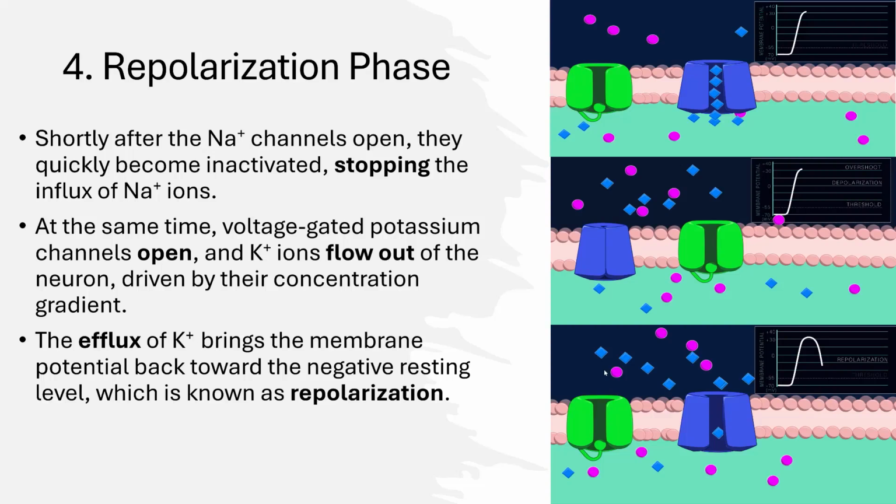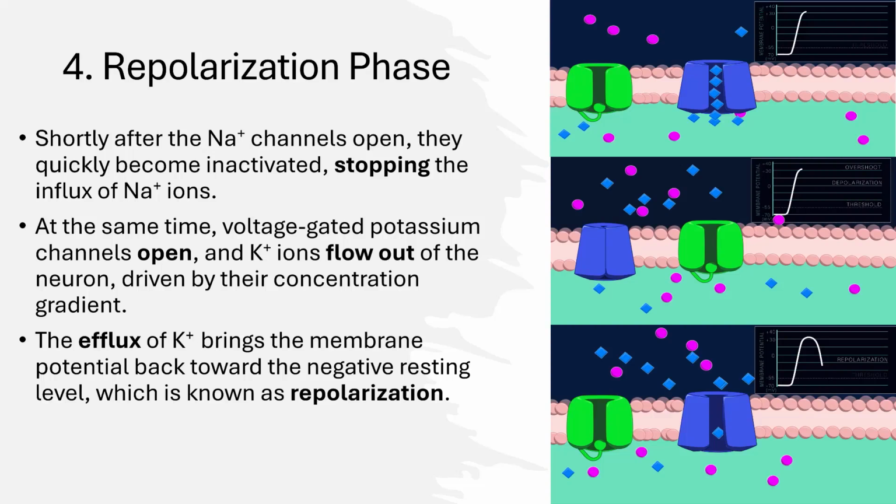Shortly after the sodium channels open, they quickly become inactivated, stopping the influx of the sodium ions. This is where we reach the peak of the action potential. At the same time, the voltage-gated potassium channels open and potassium ions flow out of the neuron, driven by their concentration gradient.